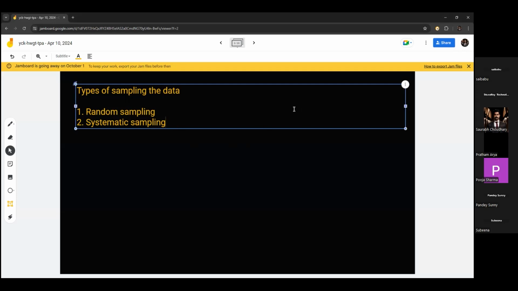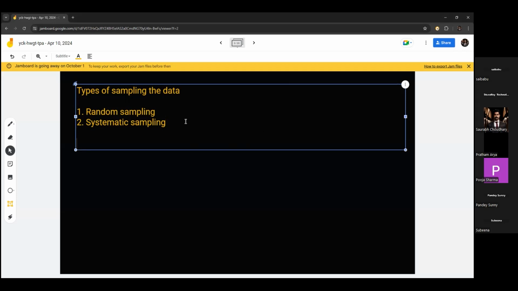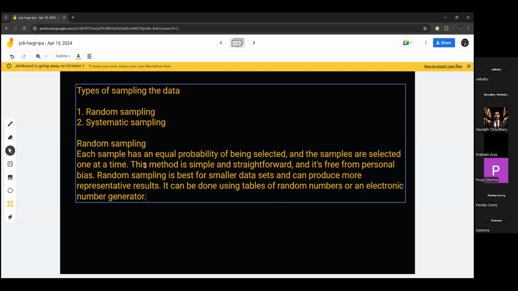Select elements in some order, sequence or interval. Yes, that is fine. See this: random sampling. What is the meaning of random sampling? Each sample has an equal probability of being selected.